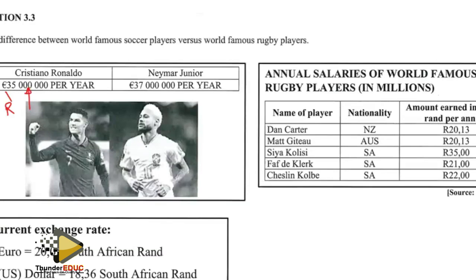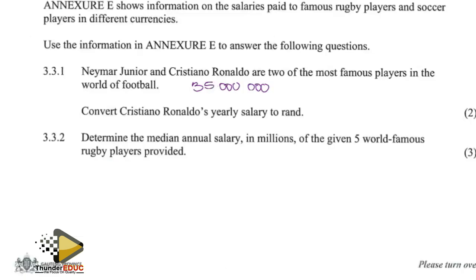And in the scenario here, they are telling you, if you only have €1, you have an equivalence of 20.5 rands. So we shall come here and multiply by 20.5. So 35 million times 20.5.